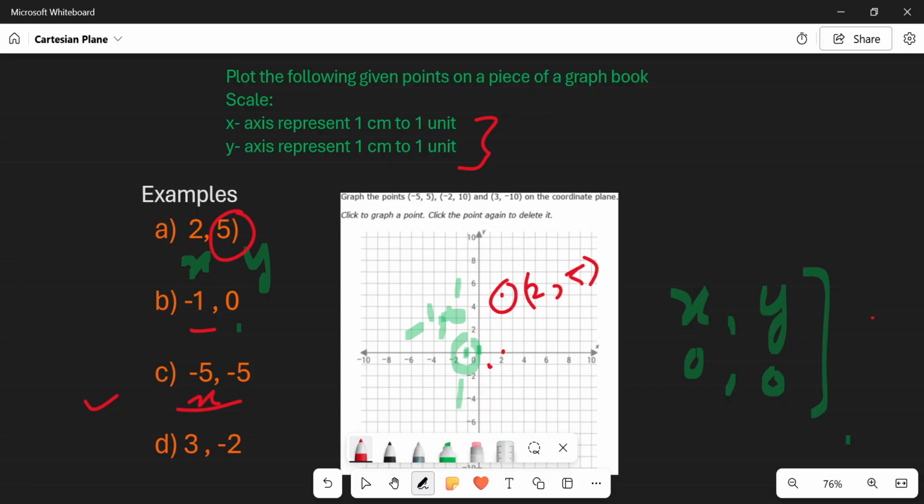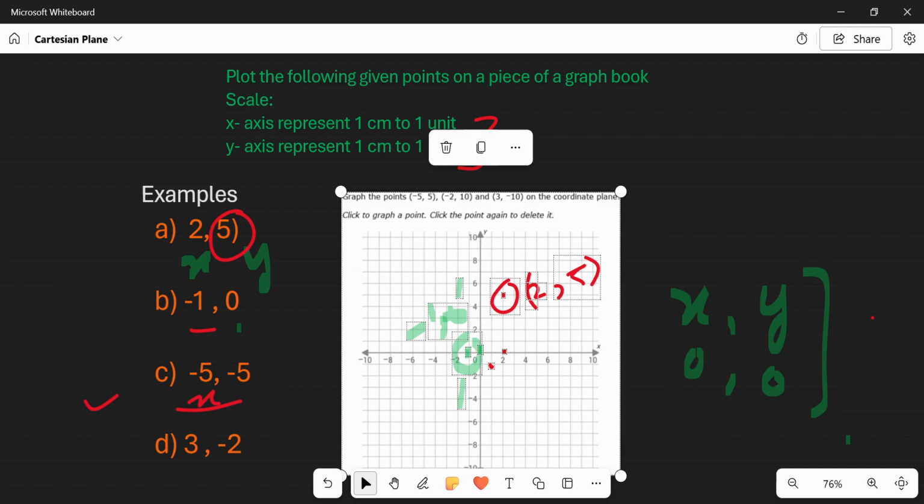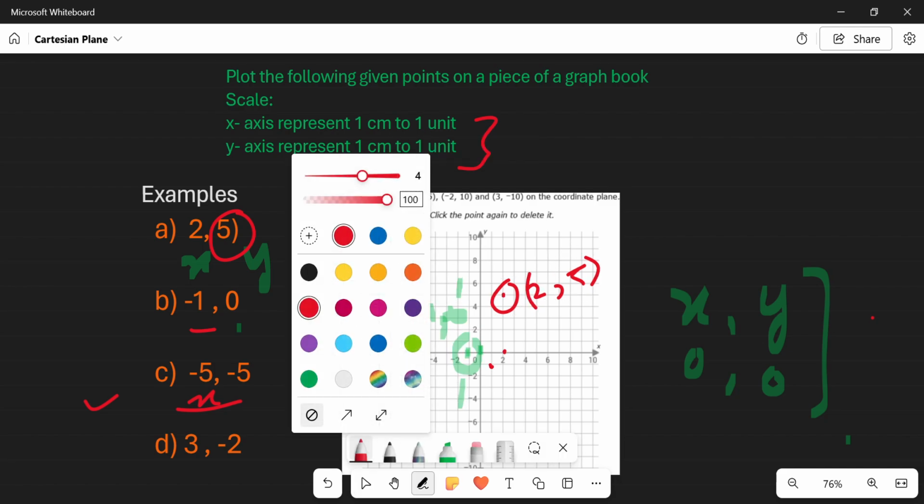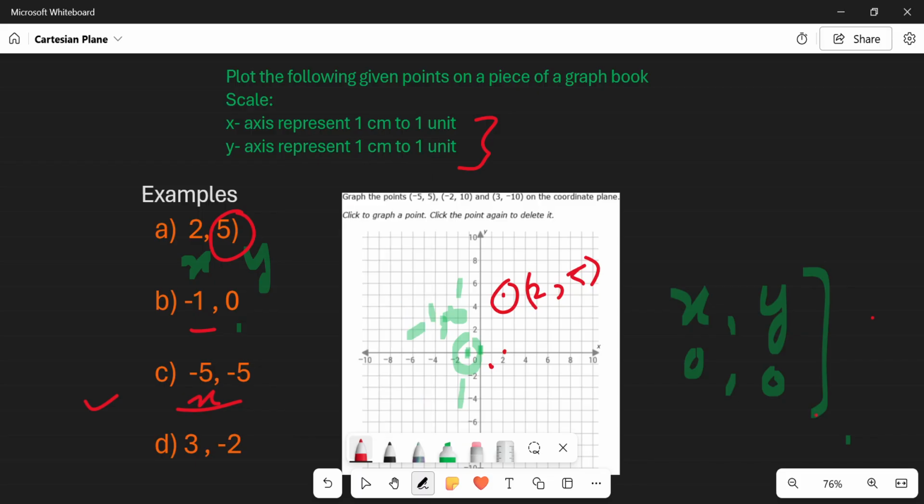So where is -5? Here, between -4 and -6.